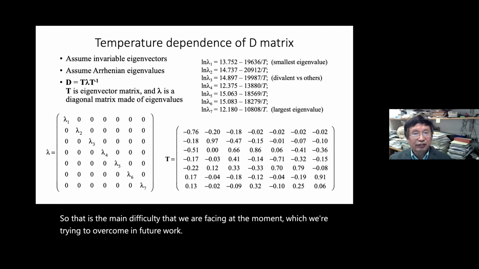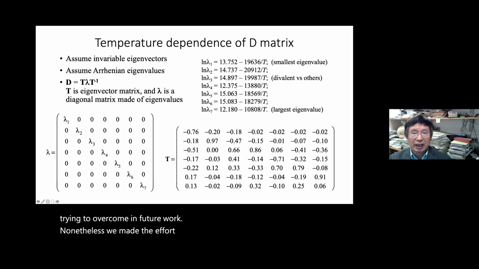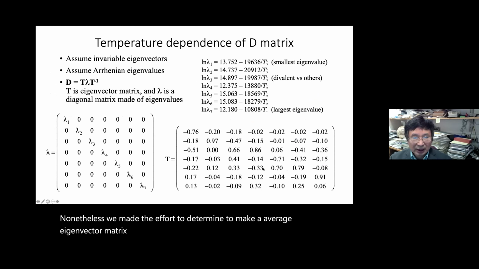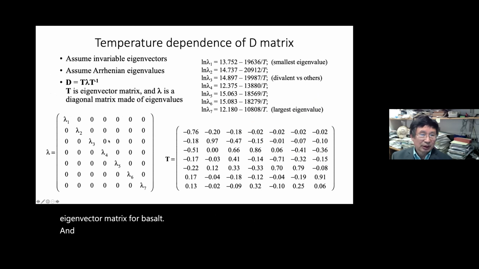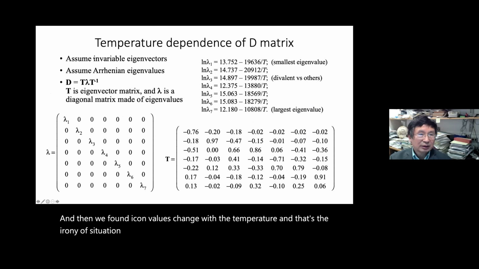Nonetheless, we made an effort to make an average eigenvector matrix for basalt. And then we found eigenvalues change with the temperature, and that's the Arrhenius equation. So once we have done this, we assume invariable eigenvectors, then diffusivity at any temperature can be calculated this way.